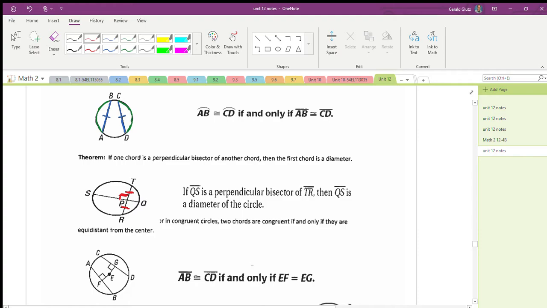So SQ is a perpendicular bisector of TR. If that's true, then QS must be a diameter. So anytime you have a perpendicular bisector of a chord going through a circle, that perpendicular bisector has to be a diameter.